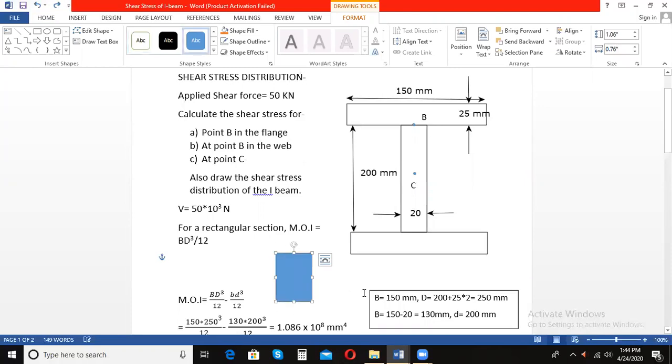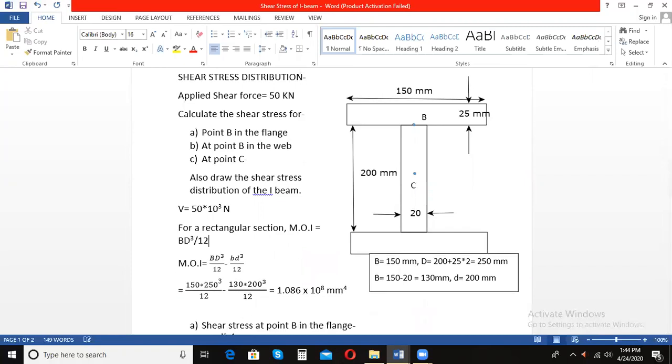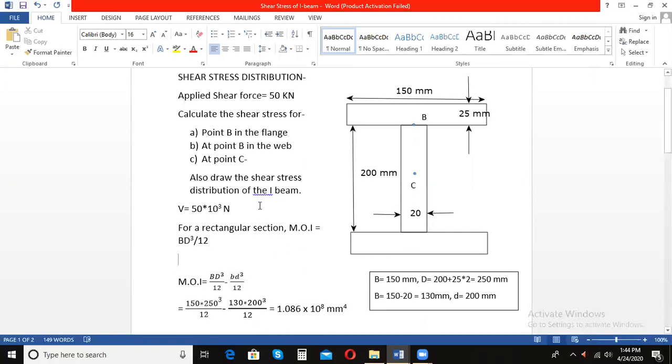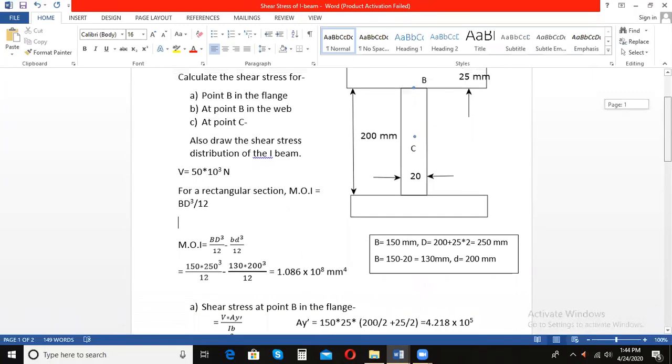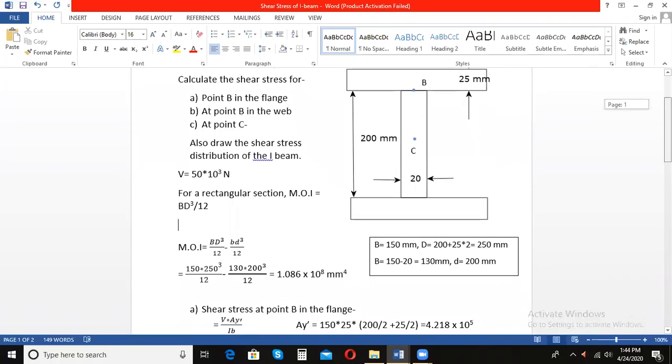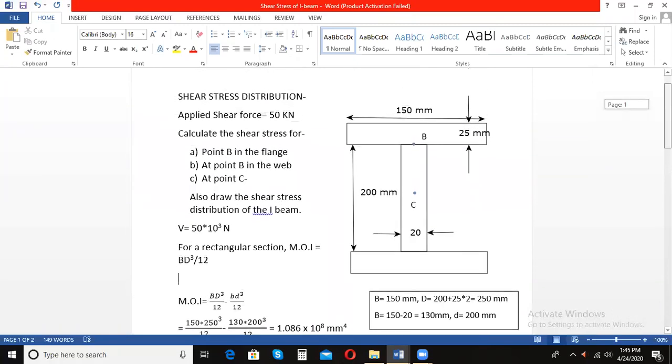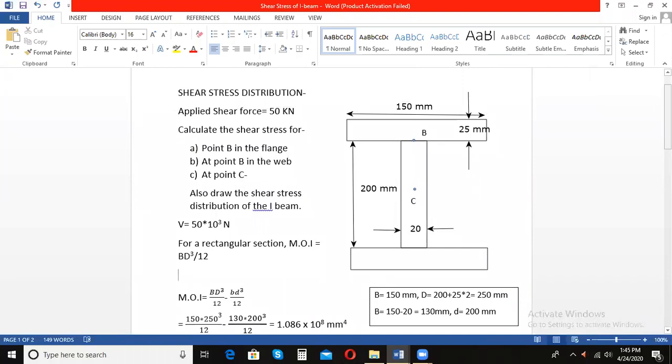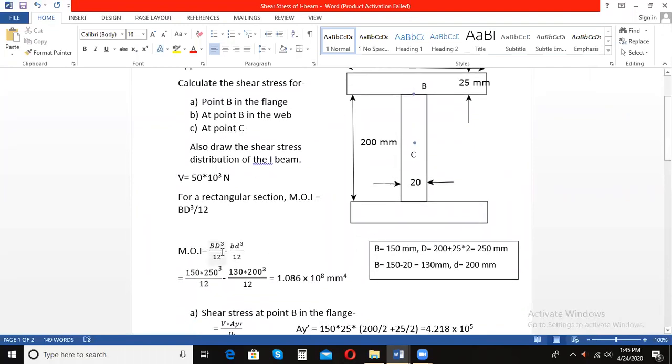Let me erase these things. Now you have to implement this moment of inertia formula for the rectangular beam to calculate the moment of inertia for this I-beam. To do that, you have to consider two rectangles. The formula I have used here is capital B into capital D cube by 12 minus small b into small d cube by 12.